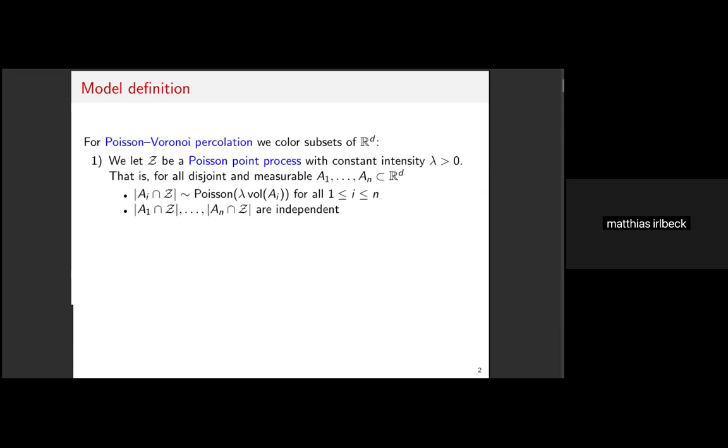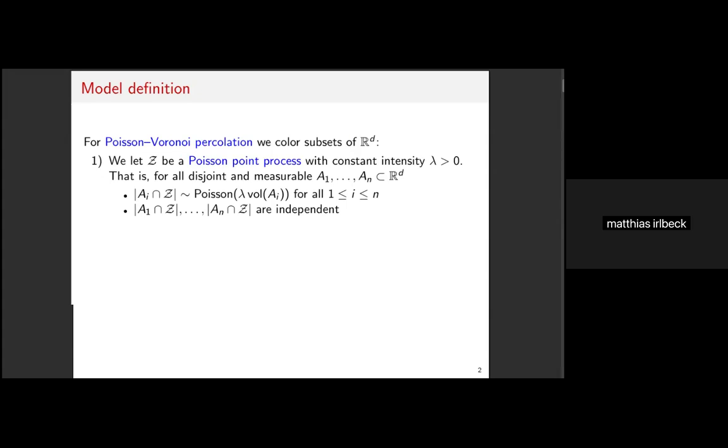You may already be familiar with that, but just to recap: there is a random number of points such that the number of points in each area follows a Poisson distribution with parameter lambda times the volume of this area, and the numbers of points in disjoint areas are independent of one another.